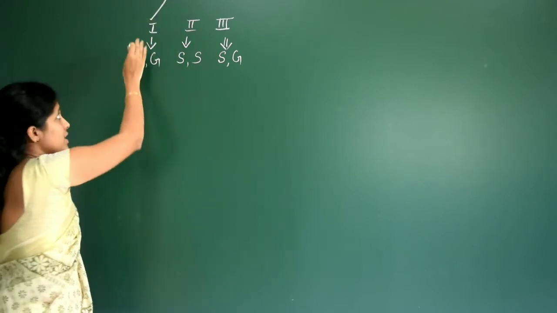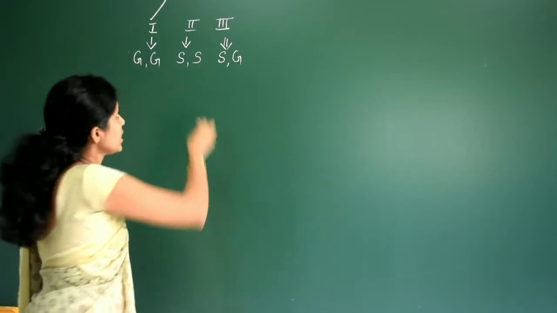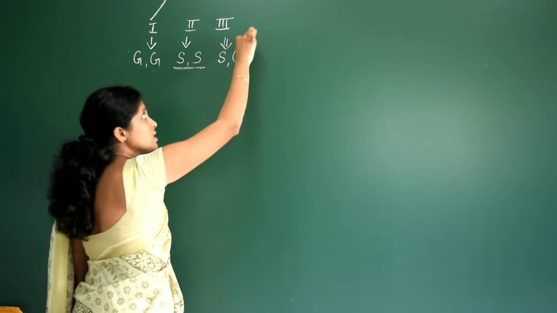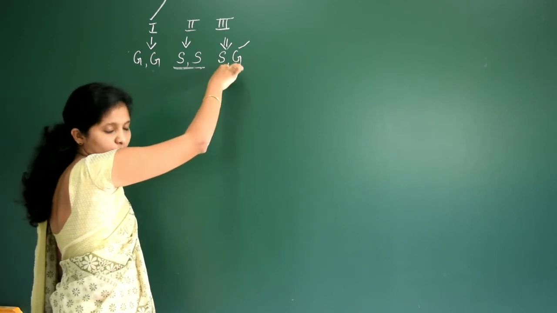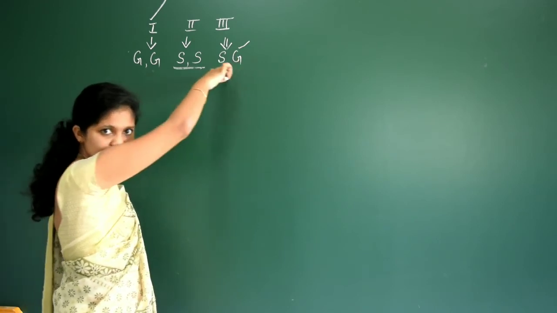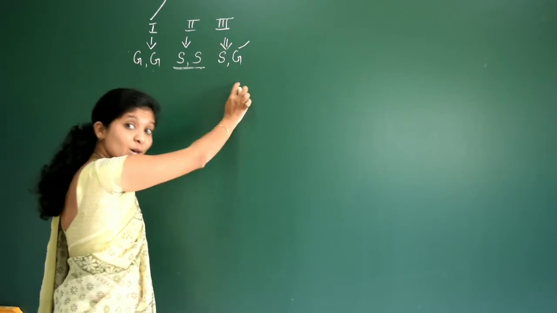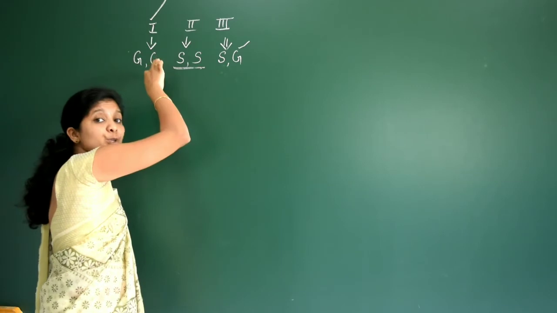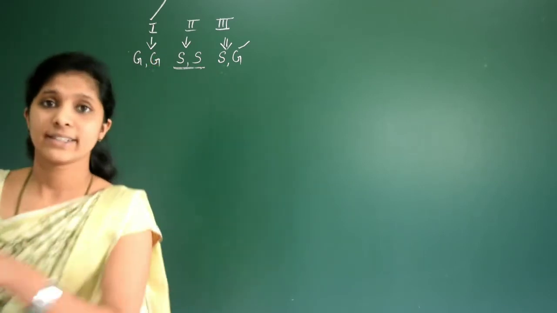First coin is already gold and second coin should be gold. Here in the second box it is not possible, because both are silver. In the third box one is gold, another one is silver. So he can't choose gold from the third box. Is it clear? So you need to find the probability of box 1 and it should be gold. Clear? Okay, now we will write the events.